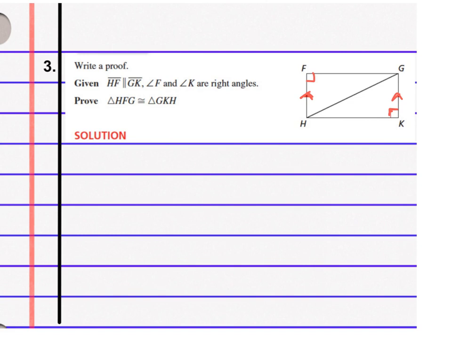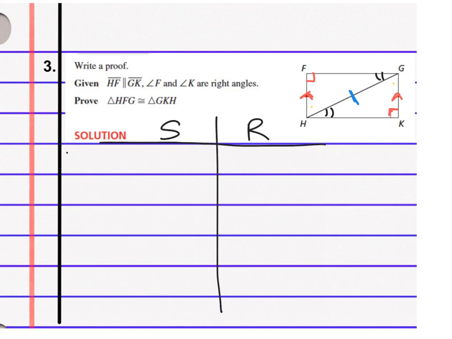We can add the reflexive side in the middle. So I'm going to go ahead and add that, HG. And then since I have parallel lines cut by a transversal, I can also add these two angles. And I actually could have done these as well. You just choose. All right, let's set up our statement and reason column.